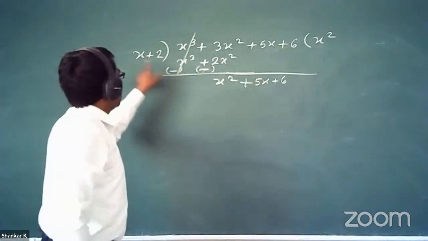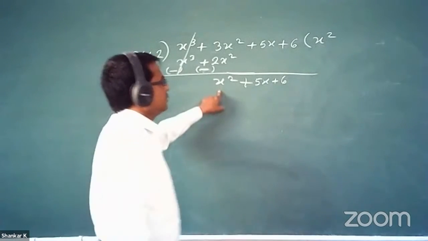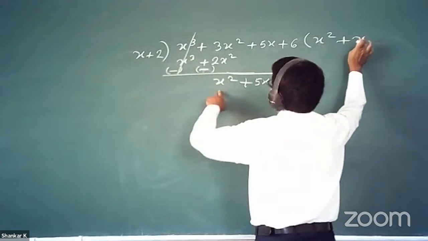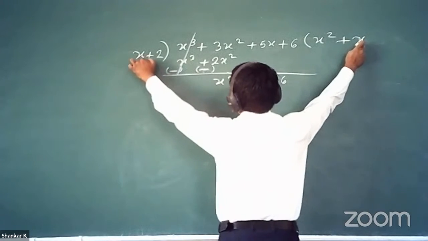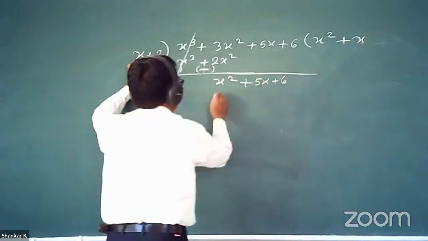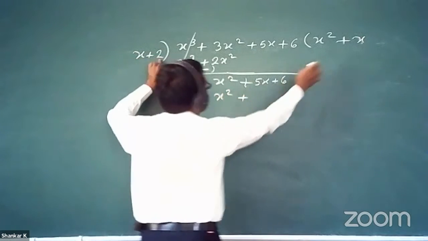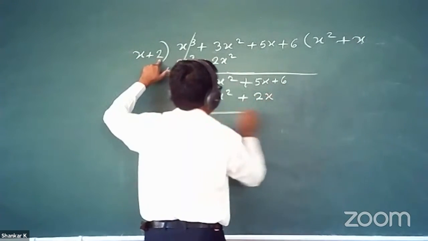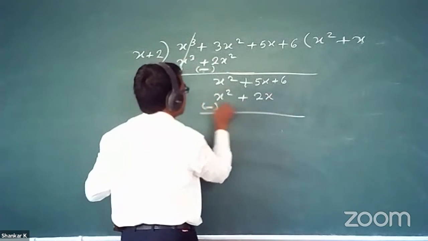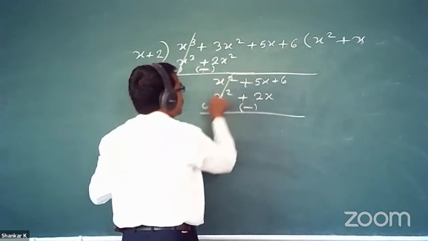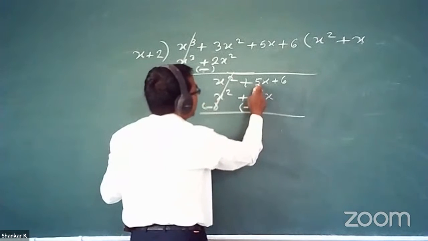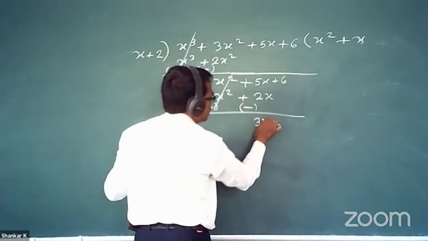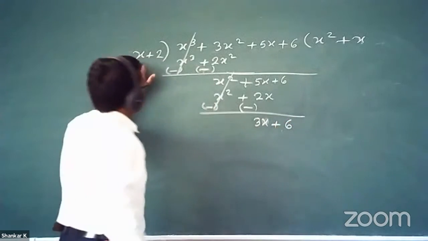Now your x is there, your x square is there. What should we multiply? x. So x into x is x square, plus 2 into x is 2x. Change the sign: minus, this is also minus. x square, x square cancels. 5x minus 2x is 3x. Then 6.